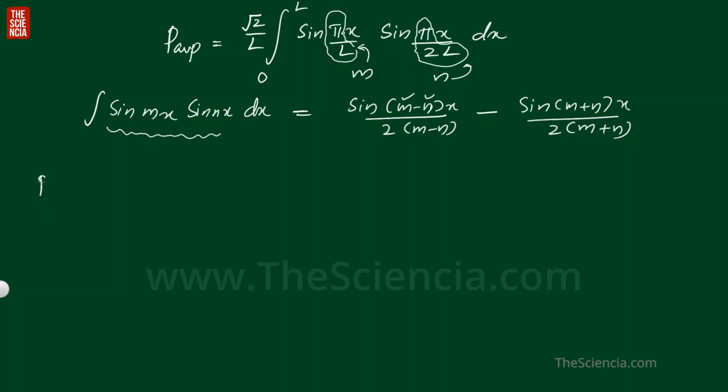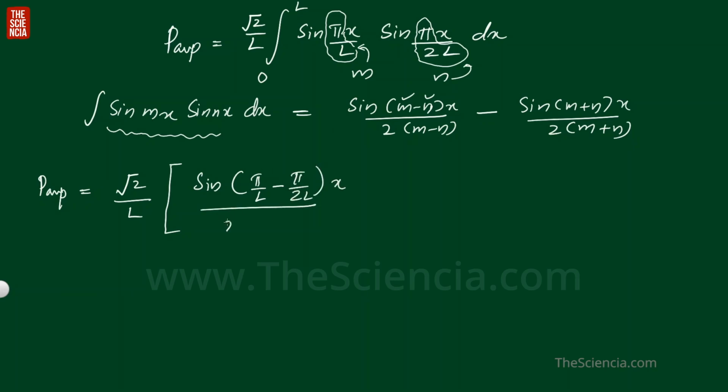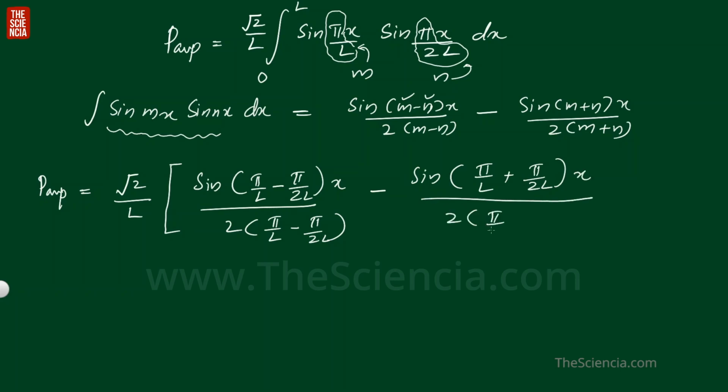Okay, so we get the probability amplitude equal to, first of all we substitute m and n values, that is root 2 by L into sin (pi by L minus pi by 2L) x divided by 2 into (pi by L minus pi by 2L), minus sin (pi by L plus pi by 2L) x divided by 2 into (pi by L plus pi by 2L).